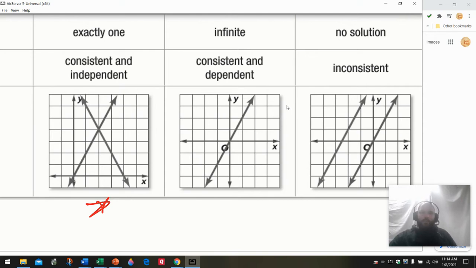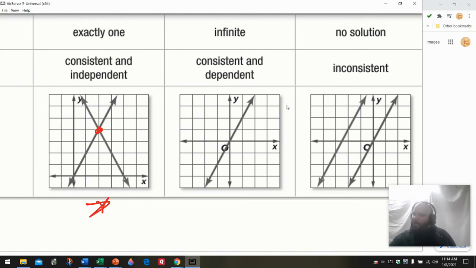And because their slopes are different and their y-intercepts are different, they end up intersecting in one point. And so for these systems, when we're looking for a solution to the system, the solution occurs where the lines intersect. So in this case, there's only one point of intersection.